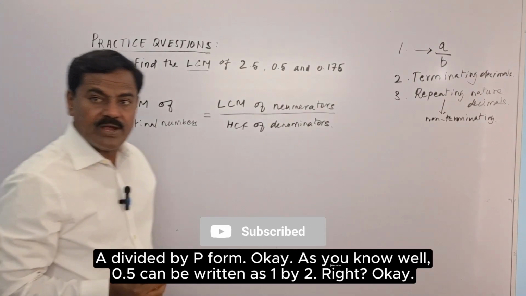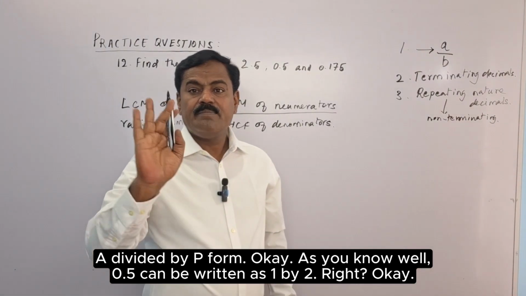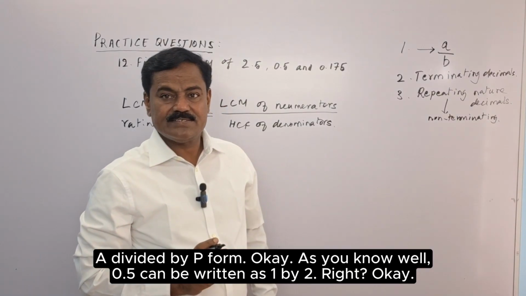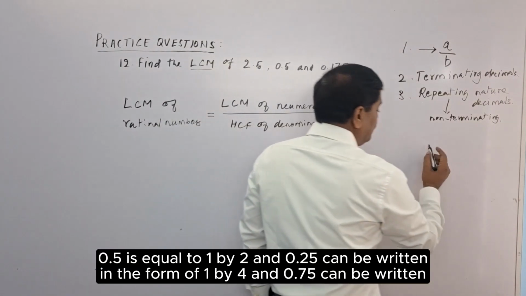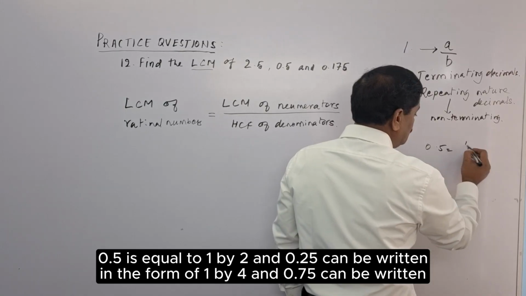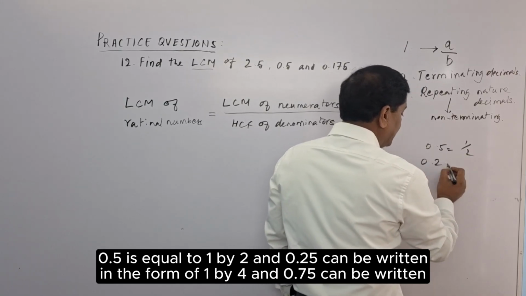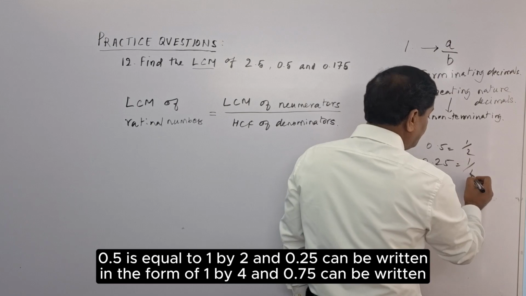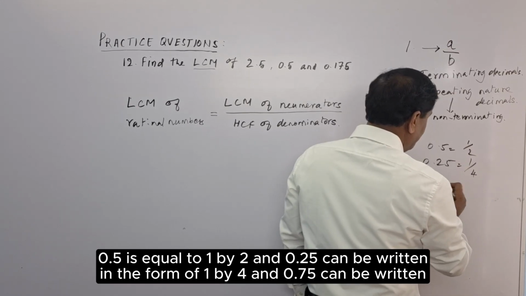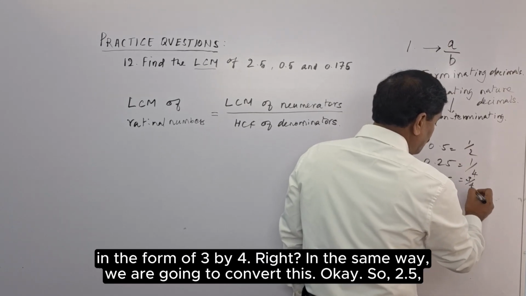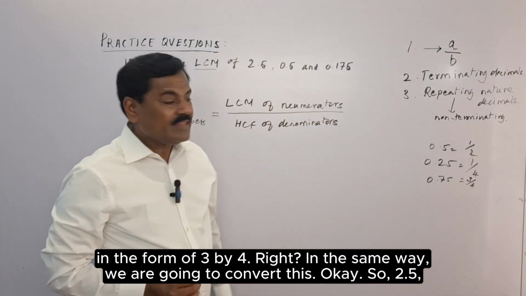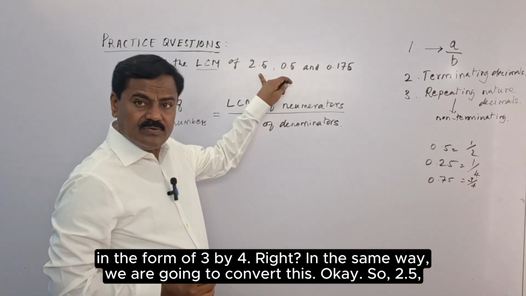As you know well, 0.5 can be written as 1 by 2, right? 0.25 can be written in the form of 1 by 4, and 0.75 can be written in the form of 3 by 4. In the same way, we are going to convert this.